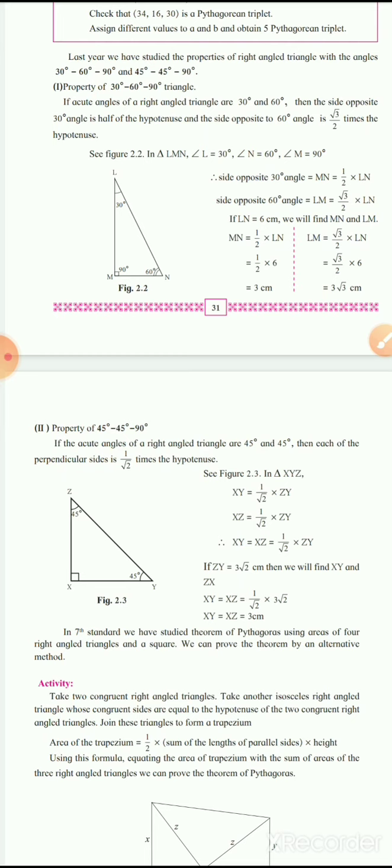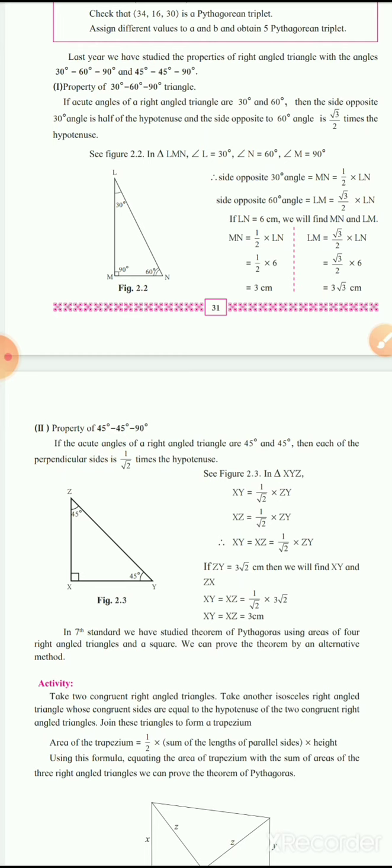The perpendicular sides, XY and XZ, each of the perpendicular sides is 1 upon root 2 times the hypotenuse, meaning XY is equal to 1 upon root 2 into ZY, and also XZ is equal to 1 upon root 2 into ZY.